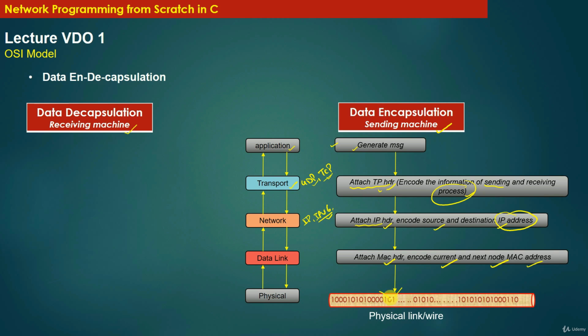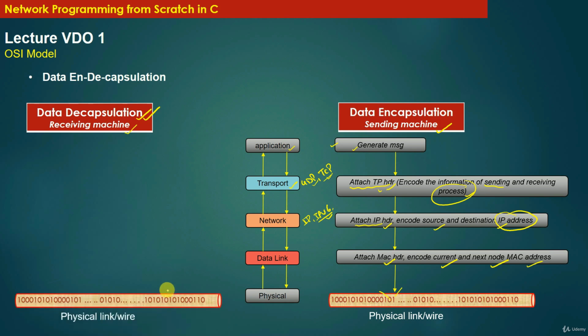So let us assume that once the data is placed on the wire by the physical layer, the data flows over the internet, passes through a series of routers and machines, and eventually reaches the receiving machine, which is the destination machine. On the destination machine, once the data is received, the process of decapsulation happens.